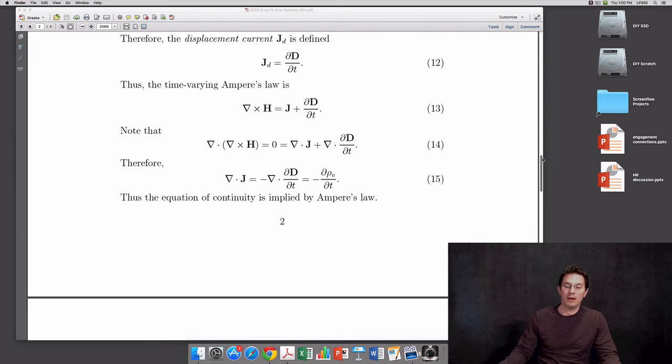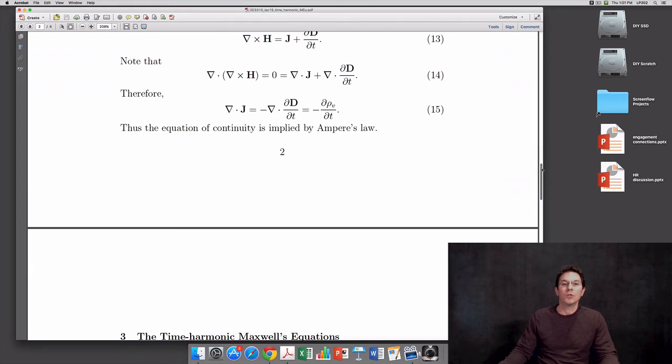Now let's try one more thing before leaving this. Somehow this equation has to contain or imply the equation of continuity, because the equation of continuity has to hold pretty much all the time. So let's again take the divergence of both sides of the equation. The divergence of the curl of H is 0, which implies the divergence of J plus the divergence of the displacement current has to be equal to 0. Therefore, the divergence of J is equal to minus the divergence of this displacement current.